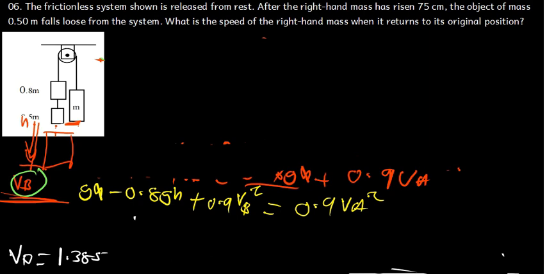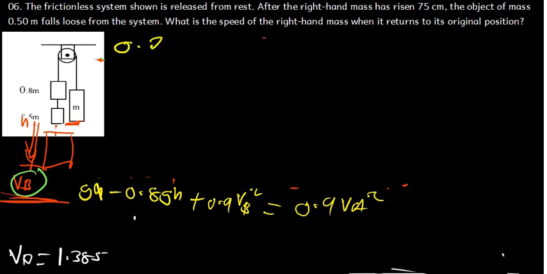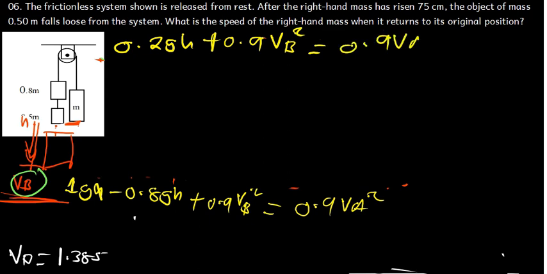So here gh is same as 1 gh. So 1 gh minus 0.8 is 0.2 gh. Then you have plus 0.9 times vb squared has to be equal to 0.9 va squared.